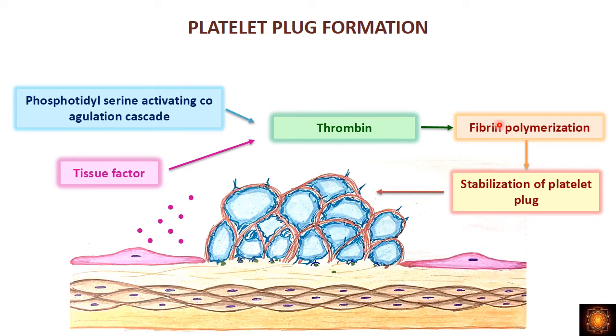Thrombin causes fibrin polymerization, and the fibrin polymerization later on causes the stabilization of the platelet plugs. Now you have loosely attached platelets initially, but once you have a fibrin meshwork, the platelets will be present within the meshwork and there will be stabilization of the platelets. So that's what is called as stabilization of the platelet plug.